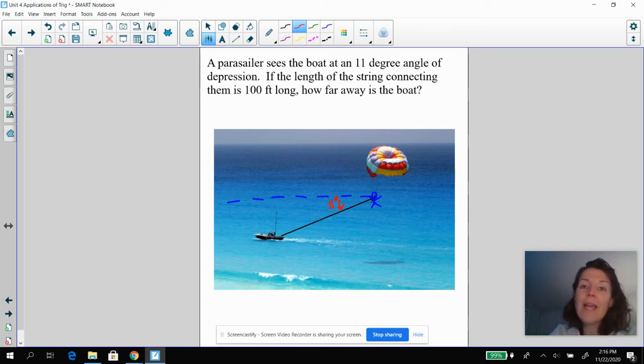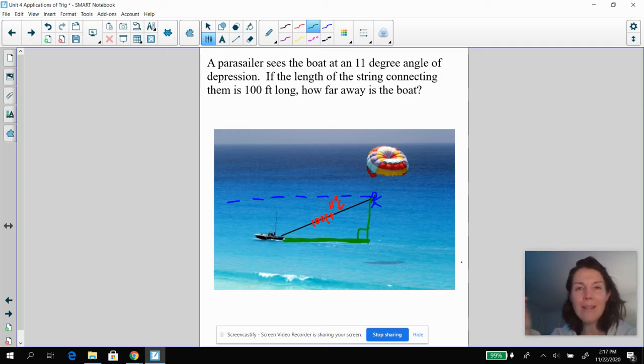If the length of the string connecting them is 100 feet, I want to know how far away the boat is, this distance along the water, from where the parasailer would be if he dropped straight down. So I've got a nice little right triangle right here.